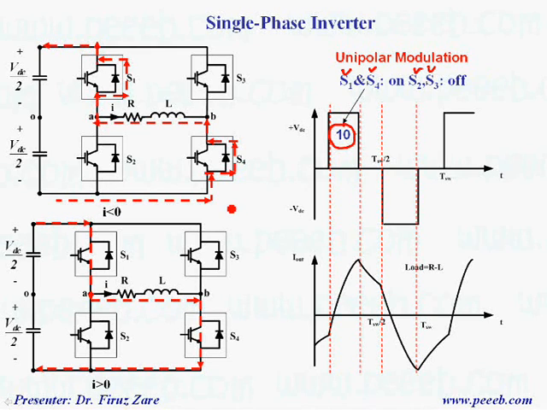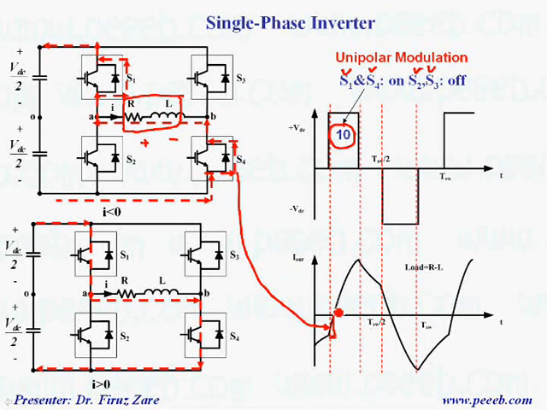In this case, if you look at the current waveform, for this period the output current is negative while the output voltage is positive. The output voltage is positive because this switch is on and this switch is on, and because the current is negative, current passes through these diodes.